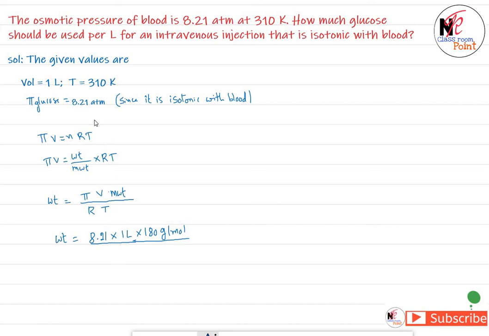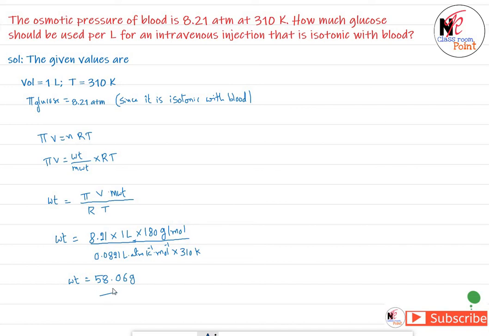And the R value, since it is in atmospheres, we shall take as 0.0821 liter atmosphere per kelvin per mole. And finally, the temperature is 310 kelvins. After solving all this given data, we get the mass of the glucose as 58.06 grams. This is the answer of this question.